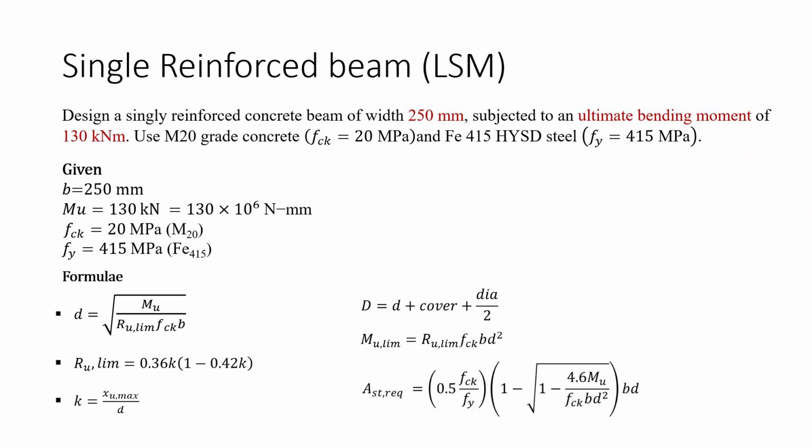We need to compare the moment with the limiting moment, and we need to distinguish what type of section it is. And in the end, we need to find out what is the area of steel required. So these are the formulas which we are going to use in this problem.